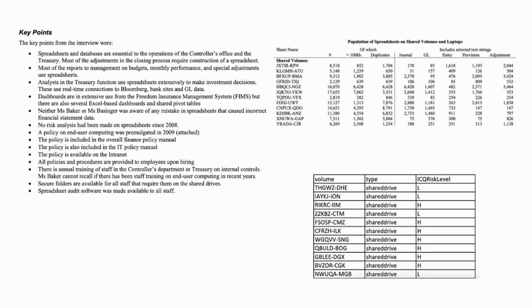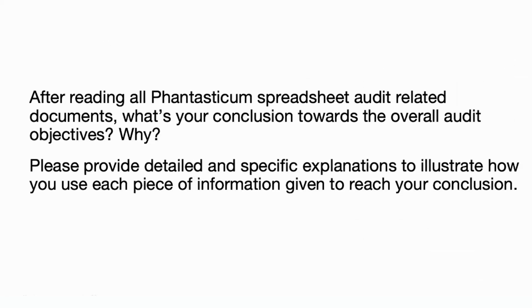And this is the question they are going to get. After reading all this spreadsheet and all the related documents, what's your conclusion towards the overall audit objectives and why, right? This prompt asks them to provide really detailed and specific explanations to illustrate how they use different pieces of information to reach the conclusion.